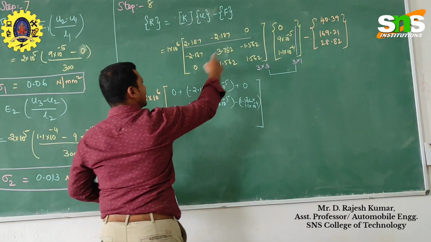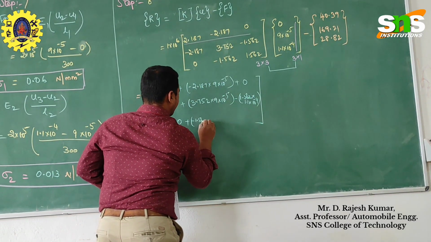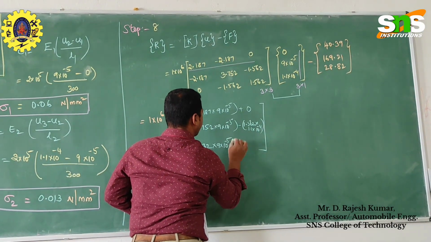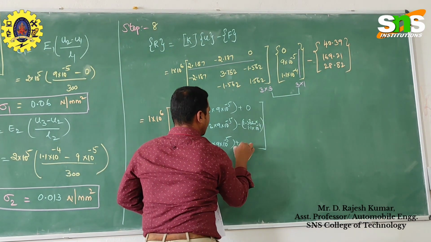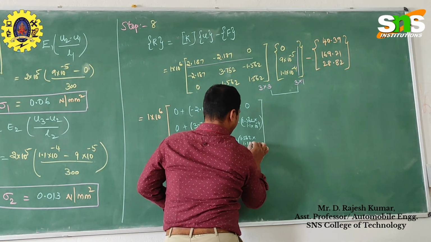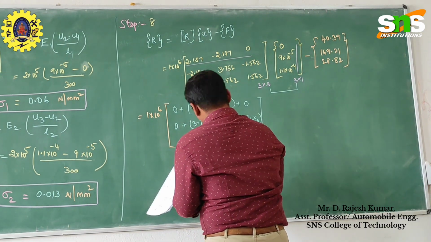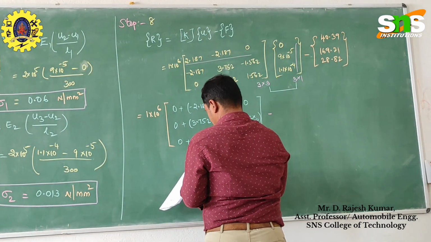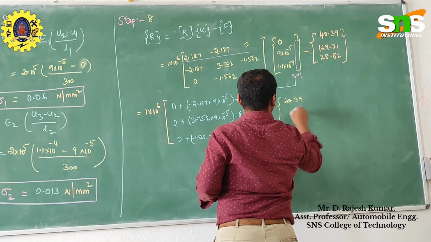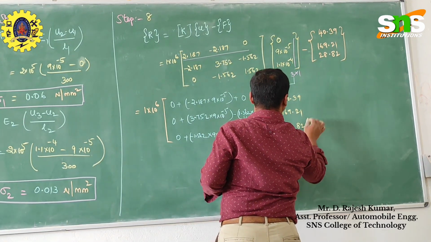The next: 0 into 0 is 0, plus minus 1.562 into 9 into 10 power minus 5, plus 1.562 into 1.1 into 10 power minus 4. The whole value minus the force: 40.39, 169.21, 28.8.